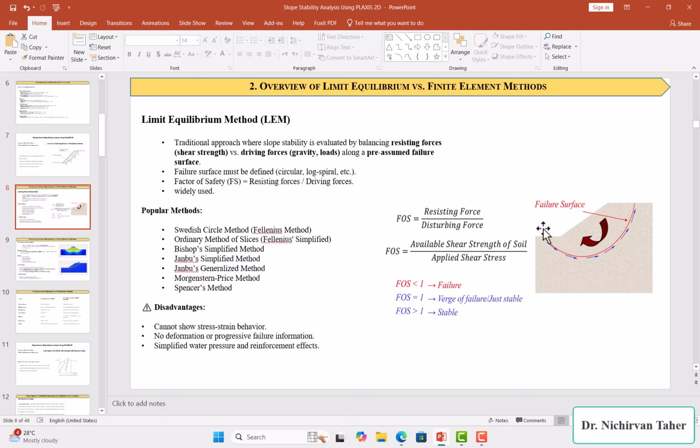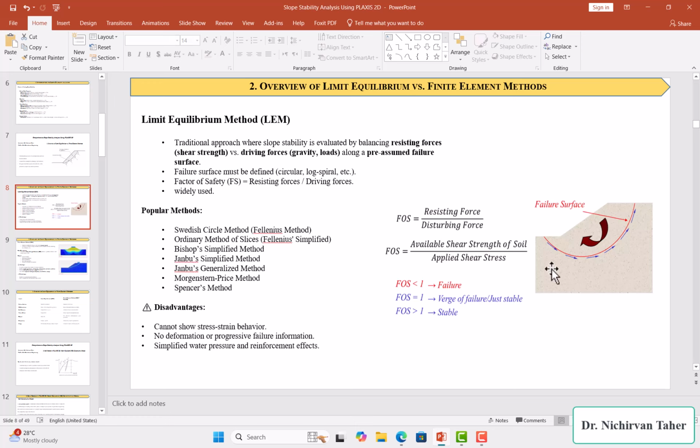This method also has some disadvantages. It only calculates the factor of safety, but it cannot show the stress strain behavior, so we cannot see the deformation in the slope or deformation contours. Also we cannot know deformation or progressive failure information.